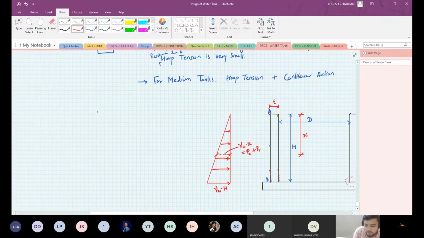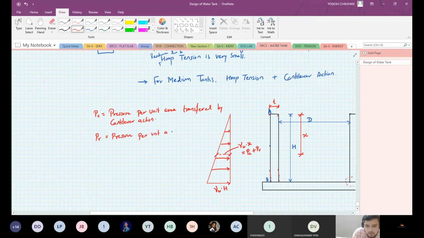Here, Pc is the pressure per unit area transferred by cantilever action, and Pr is the pressure per unit area transferred by hook tension.